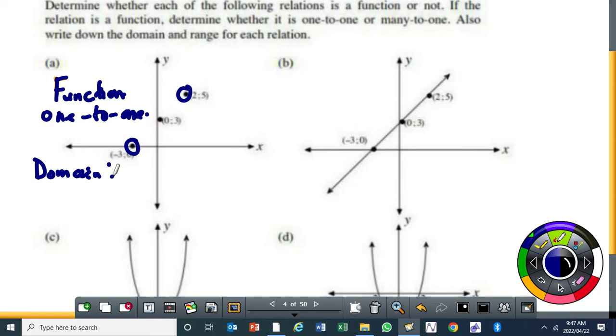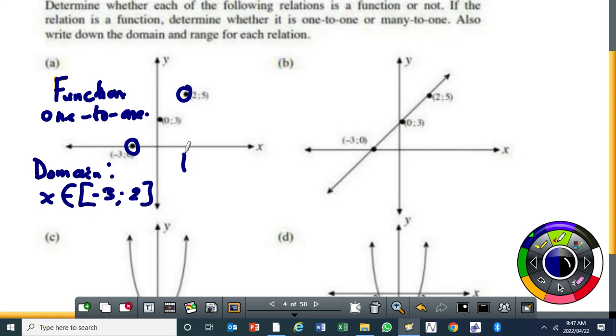I am going to use brackets. So x is an element, and we include the minimum, so I'll put a square bracket. I hope you remember this from last year. So this will be from -3 up to 2. If you use the inequality signs, it will be -3 is less than or equal to x is less than or equal to 2.